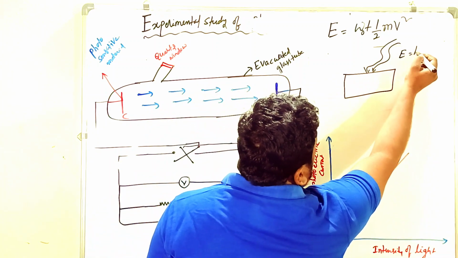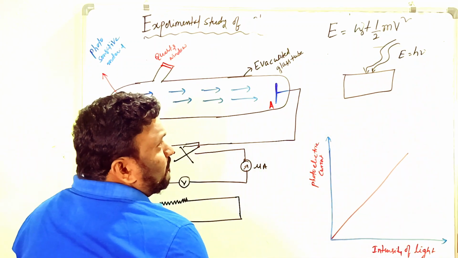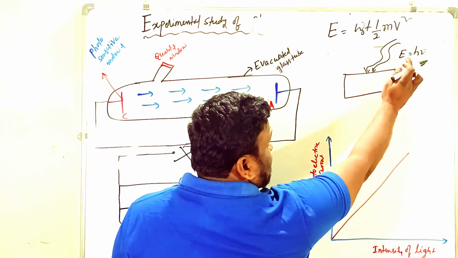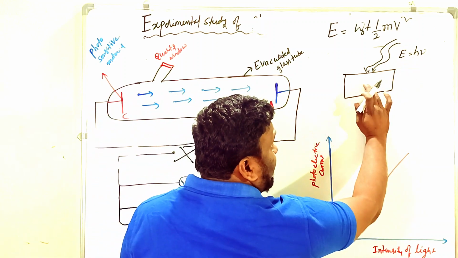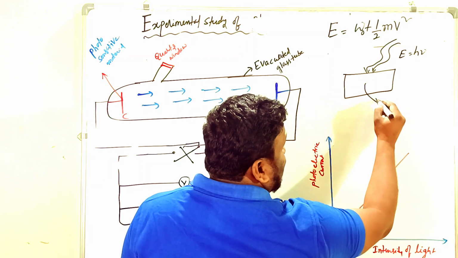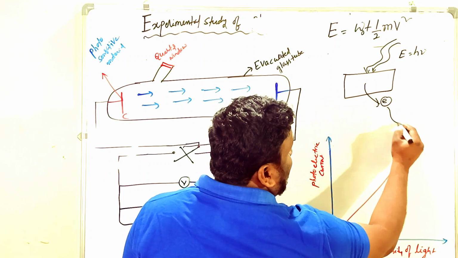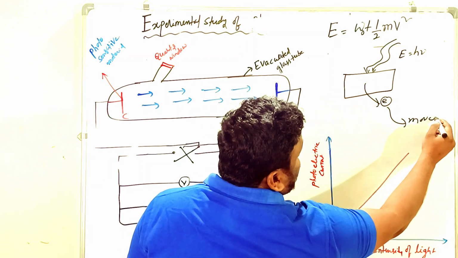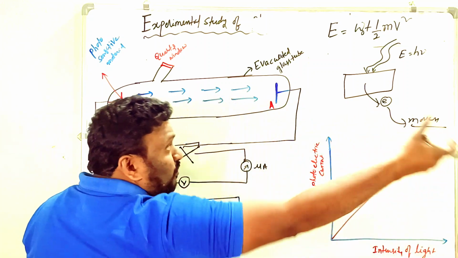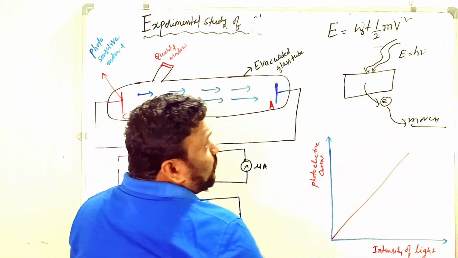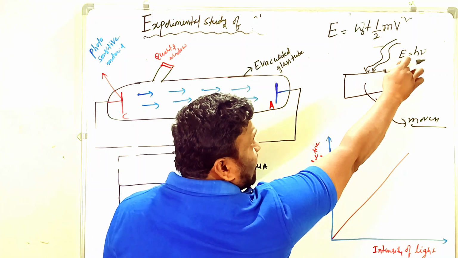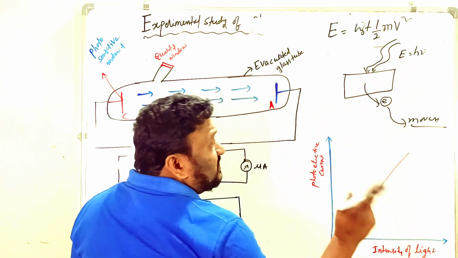E is equal to h nu. Clear? So that amount of energy is incident on the metal surface. Due to that, the electron is liberated and the electron moves. So the electron can be in motion. Here, due to the amount of energy, two things are happening.